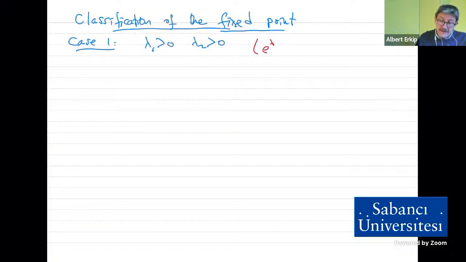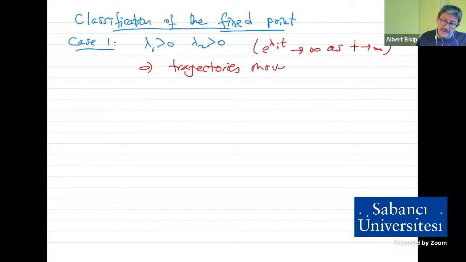Then e to the lambda i t goes to infinity as t goes to infinity, which says that trajectories move away from the origin. And roughly the picture was like that.